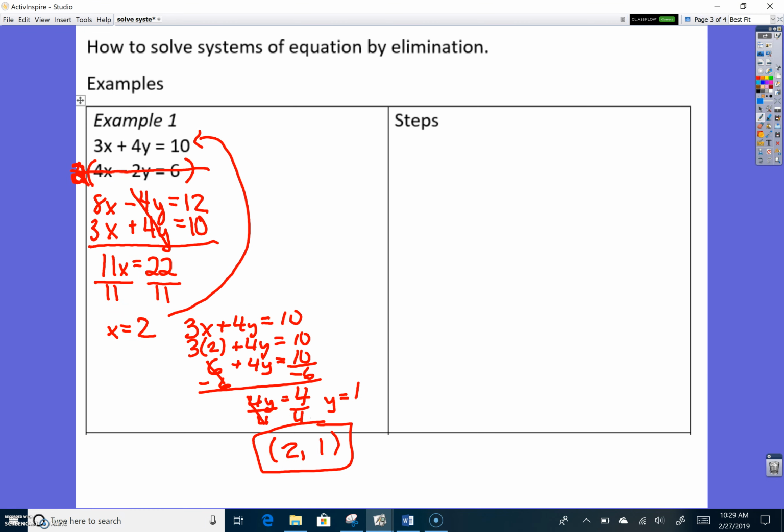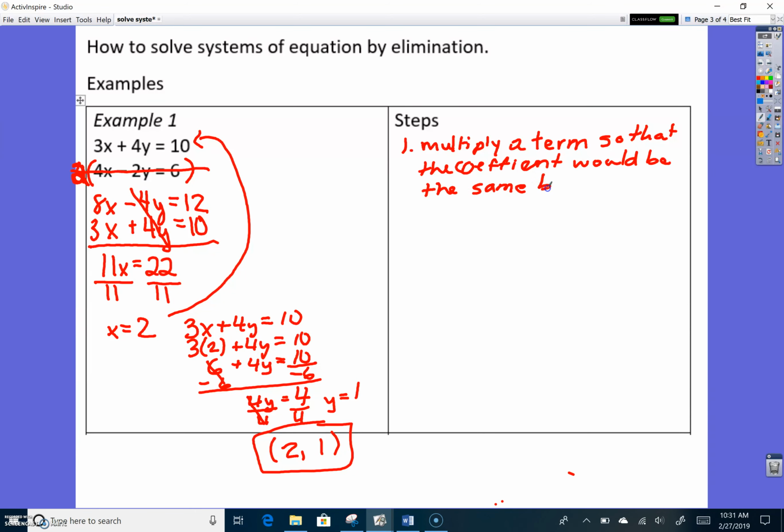So the first thing you need to do is multiply a term so that the coefficient would be the same but different sign.